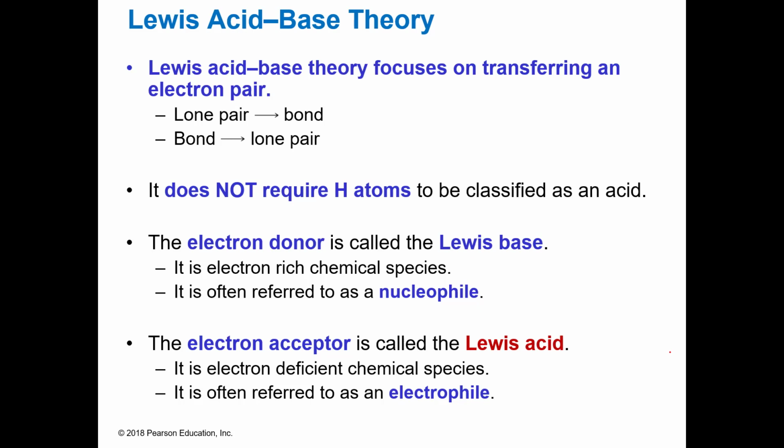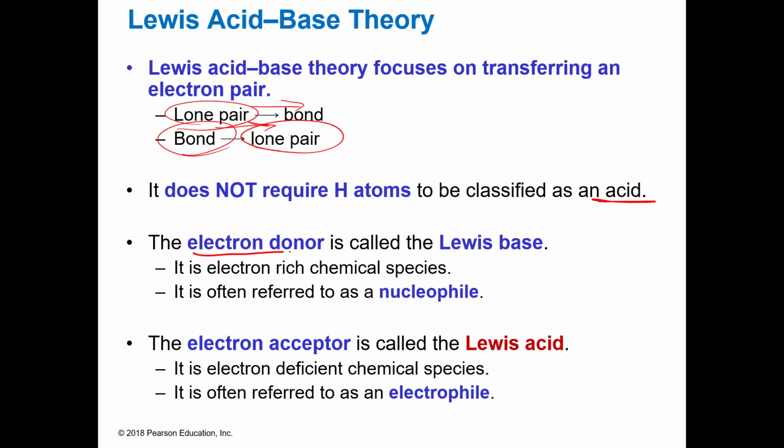And so in organic reactions, you're going to see that there's a lot of transferring of electrons in order to make and break bonds. So if you have a lone pair, it can go to a bond. If you have a bond, it can go to a lone pair. What that means is you don't have to have hydrogen atoms to be an acid. You can be a Lewis acid without having hydrogen atoms.